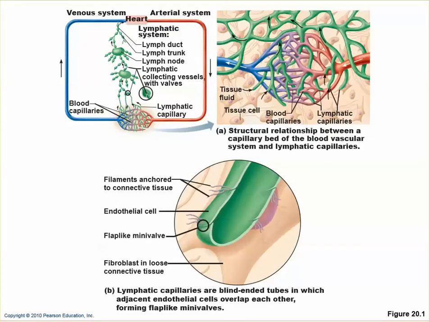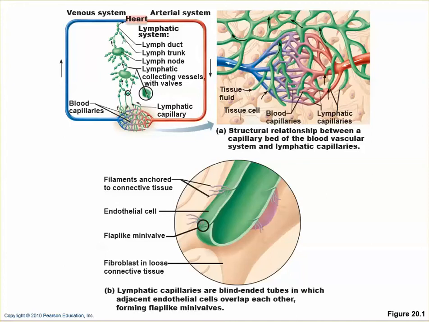So when we look at the blood capillary beds, they're interwoven with these lymph capillaries, the lymphatic capillaries. And the lymphatic capillaries are really fairly unique.